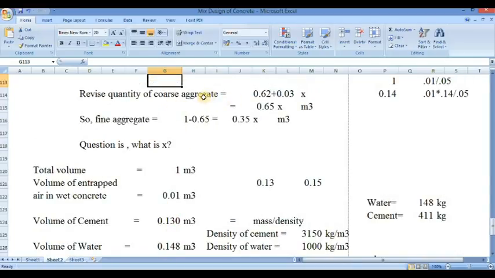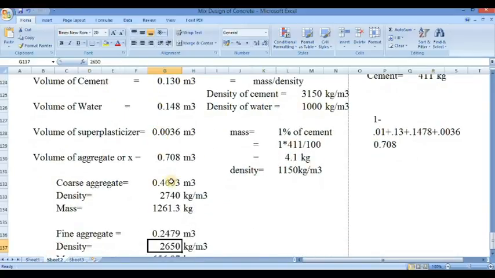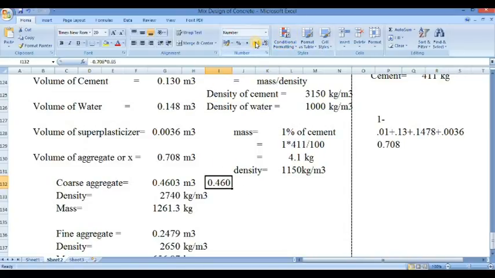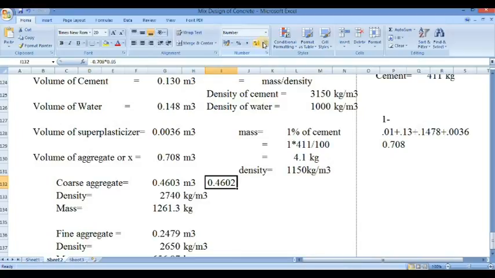In this case, you have already found that coarse aggregate volume is 65% of X and fine aggregate is 35% of X. And what is X? You have already got X: it is 0.708. So calculate coarse aggregate by taking 65% of 0.708, and you get 0.4603.